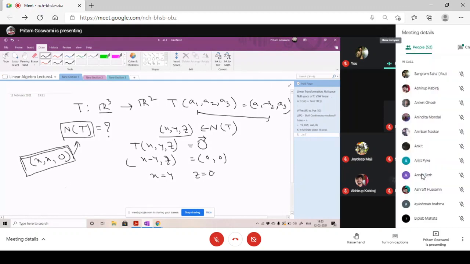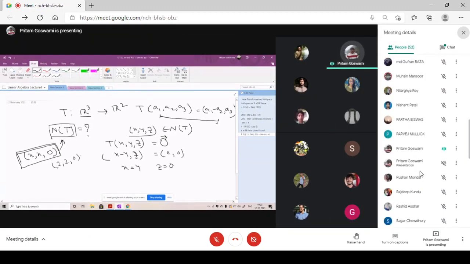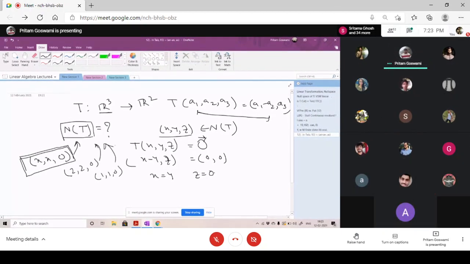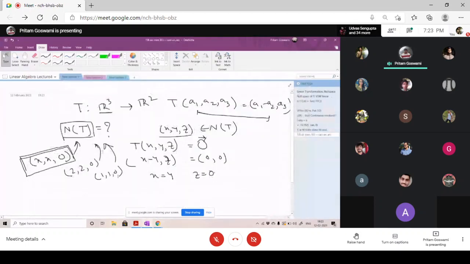So I can say that (2, 2, 0) belongs to it, and (1, 1, 0) belongs to it. What is the dimension of the null space here?